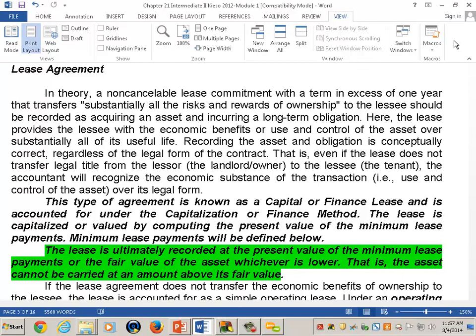We want to avoid capitalization. What are the advantages? Well, if you don't put the asset and liability on your books, let's start with the liability.